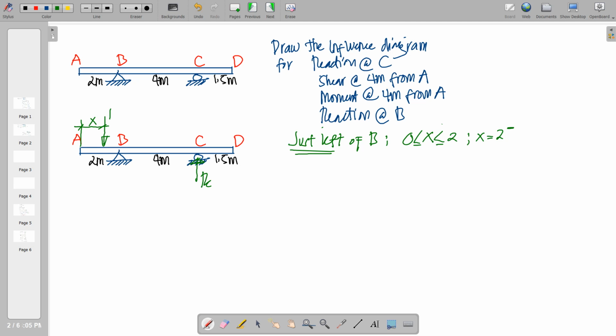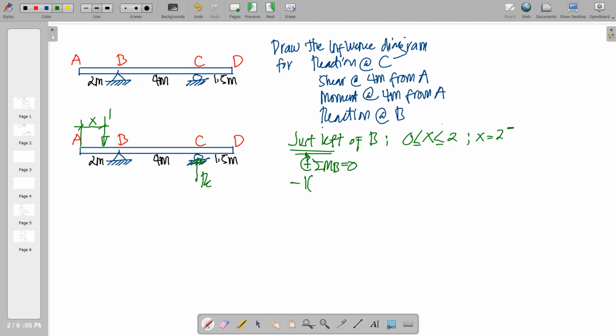So by taking moments at B, we have negative, the 1 will have a counterclockwise moment, -1 times the distance.